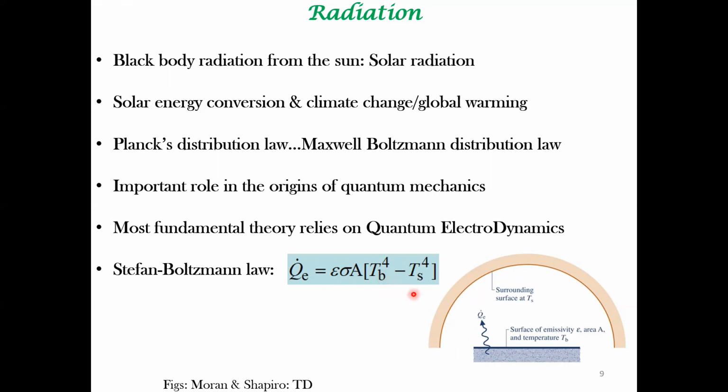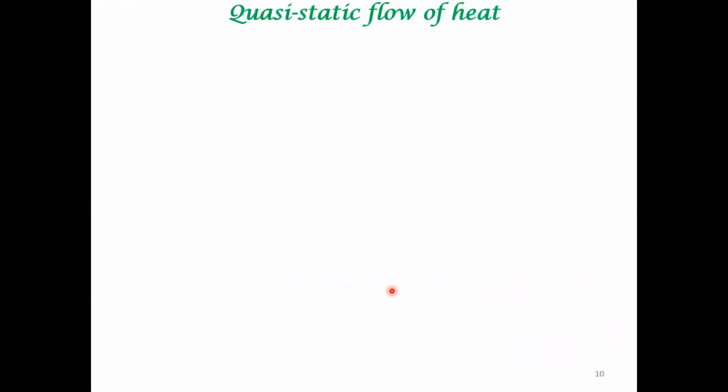That's why radiation might not be very important at low temperature, but as the temperature increases, the importance of radiation increases significantly. All right, with that, we have completed all three modes of heat transfer. In analogy with work transfer, we can think about quasi-static flow of heat.